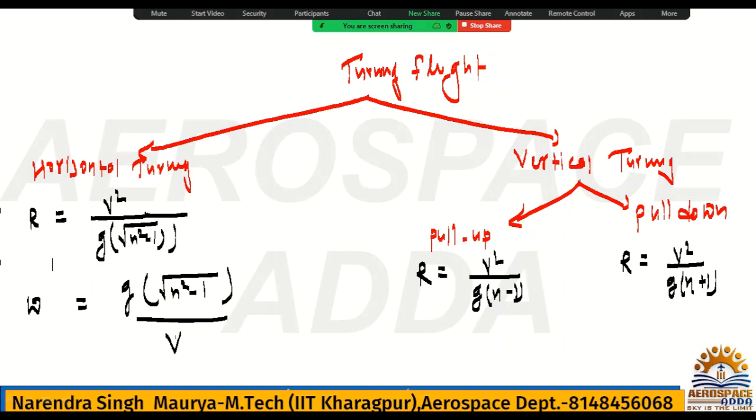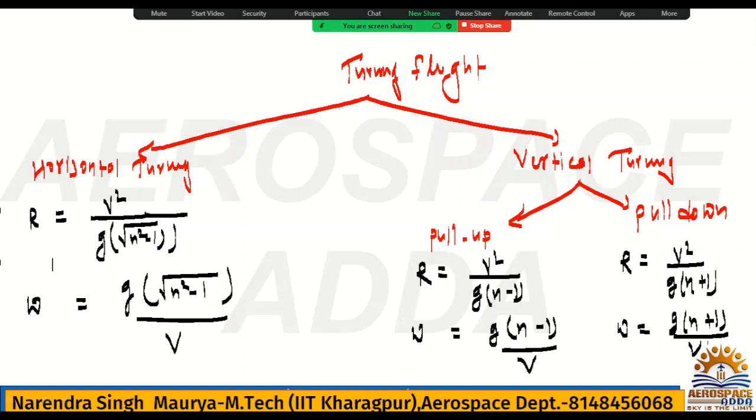This was the rate of turn for the horizontal, and here for the pull up rate of turn is nothing but, and for pull down, it is nothing but, over v. Now this topic got closed here only.